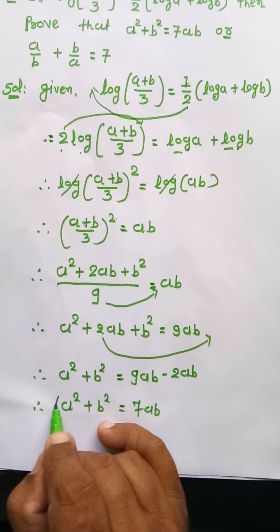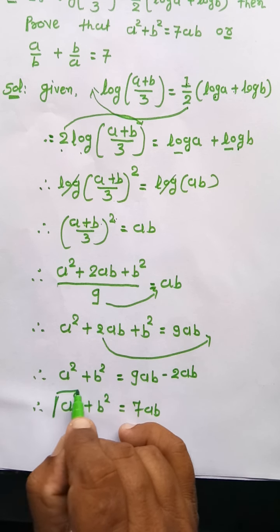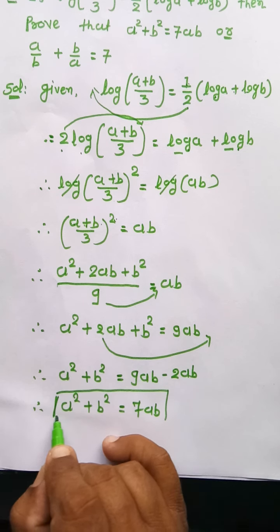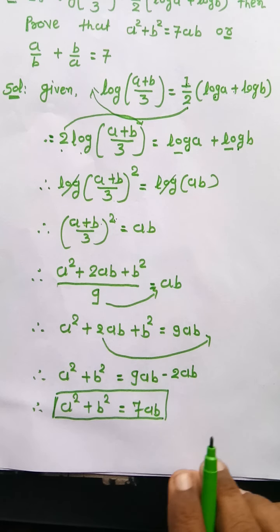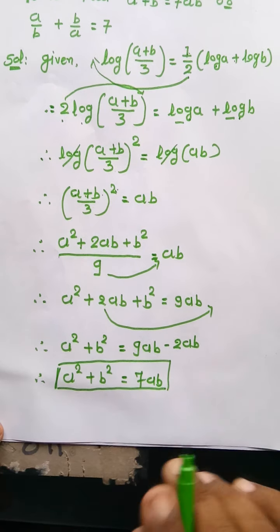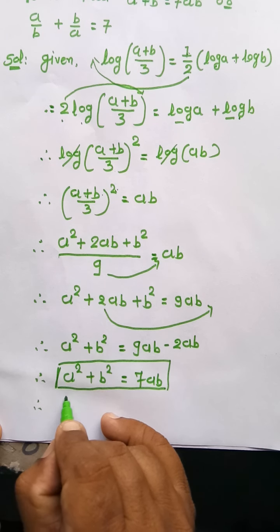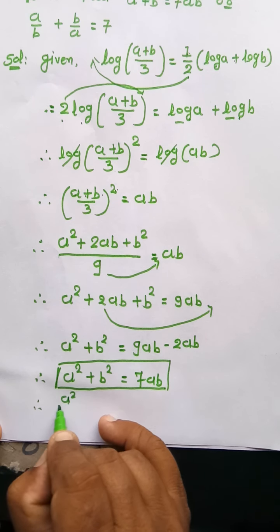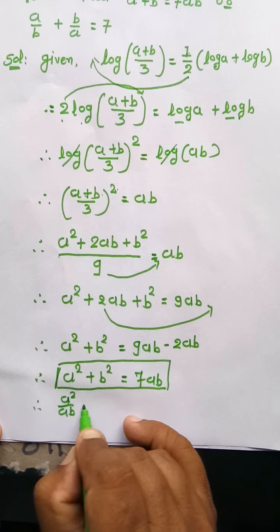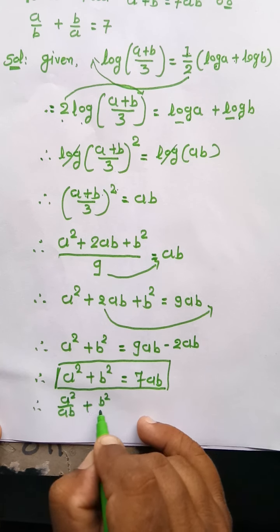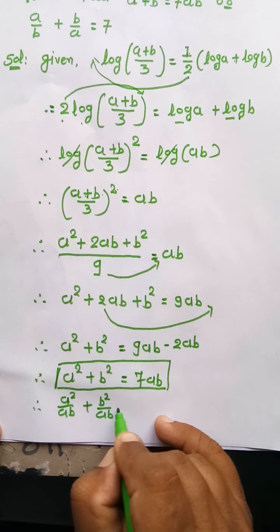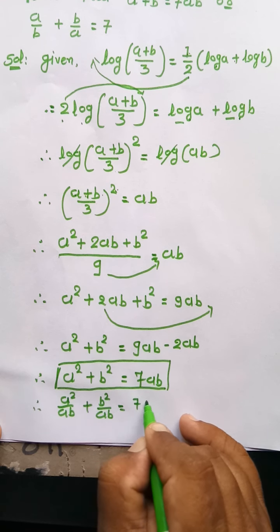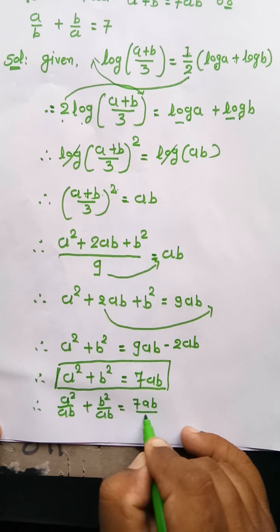So first result is prove a square plus b square is equal to 7ab. Now divide by ab on both sides. So a square by ab, b square by ab equal to 7ab by ab.